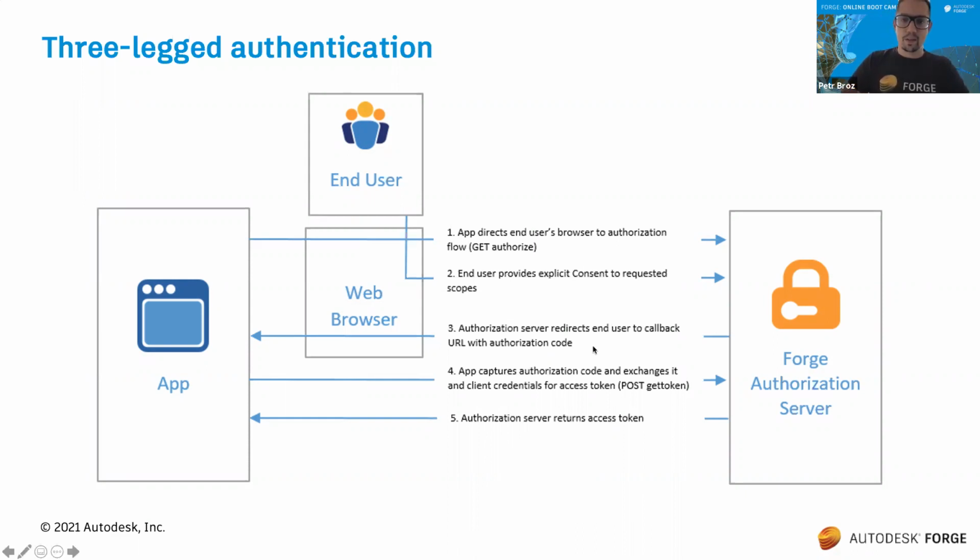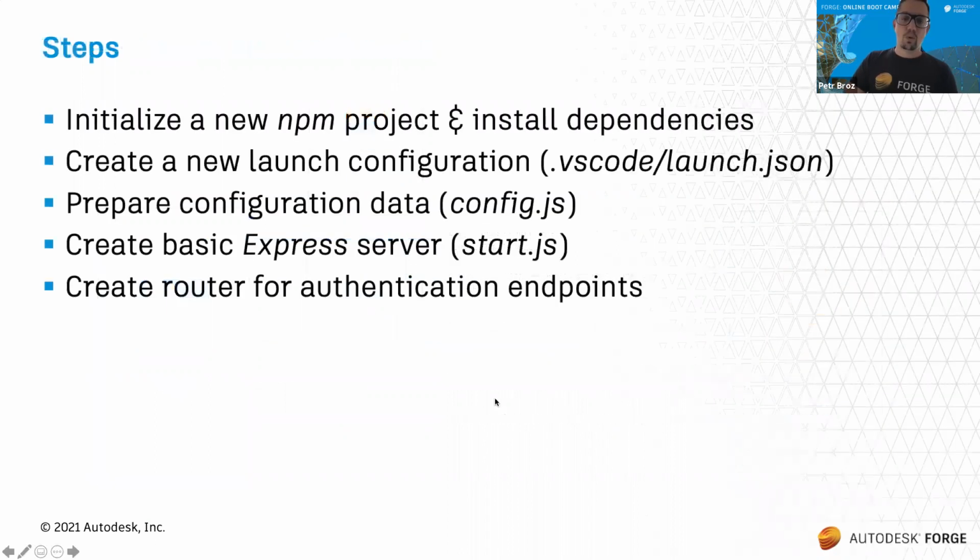And when the Autodesk servers redirect the user back to our server, we need to have some URL where we'll be able to receive this temporary code from Autodesk and exchange it. That's step 4 here, exchange the temporary code for the actual access token. And that is what we're going to do now in session 2.